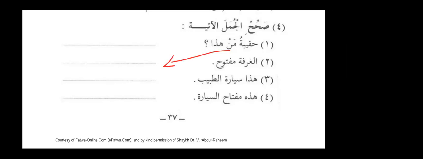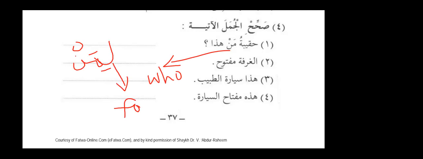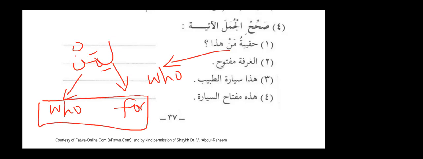So man basically is who. Liman is a combination of li, which means for, and man, which means who. If you mix this together, it is for who is this bag? Why not just say whose is this bag? Do you understand? Very clear. I understand.